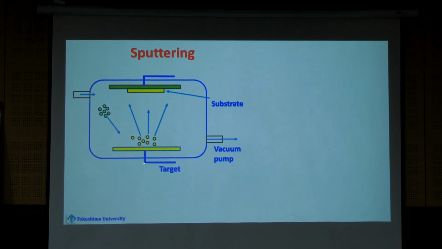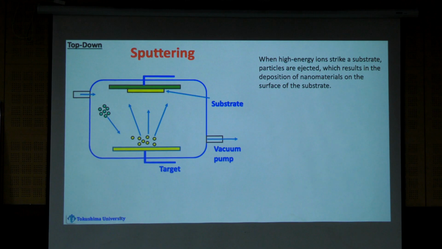Those sources of energy, RF sputtering here instead of thermal heating. Then RF sputtering heats the target material, and again a similar kind of phenomenon occurs, and after evaporation you can get the thin film on the substrate.